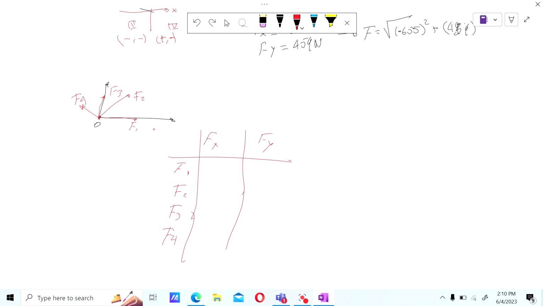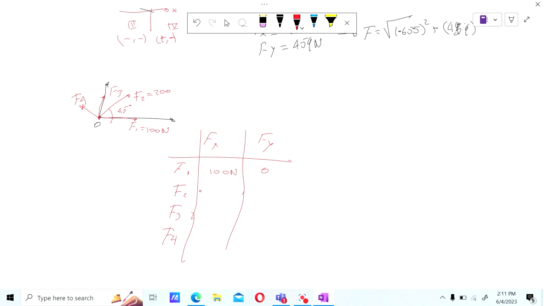So in F1, you're going to have 0. Whoops, the other way around. For Fy, you're going to have 0. And for F1 in x, you're going to have the magnitude. So if this is just 100 newtons, then you're going to have 100 newtons right here because there's no angle. Well, yeah, the angle is 0, and cosine of 0 is 1. So 100 times cosine of 0 will give you 100. F2, then there's here 45 degrees, let's say, and this is 200.